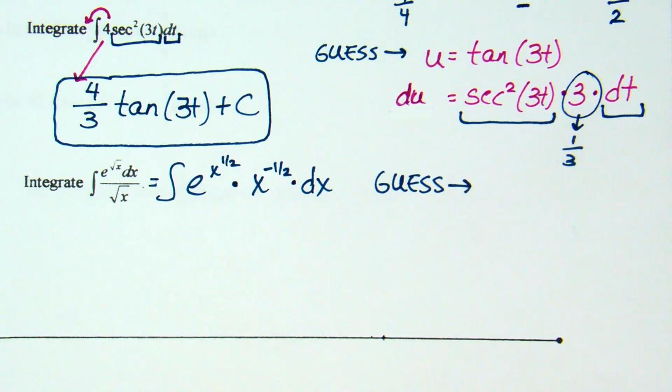Okay. What's the main thing here? What's the main part of this problem? E to some power. What's the integral or derivative of e to some power? E to some power. So what's my guess?